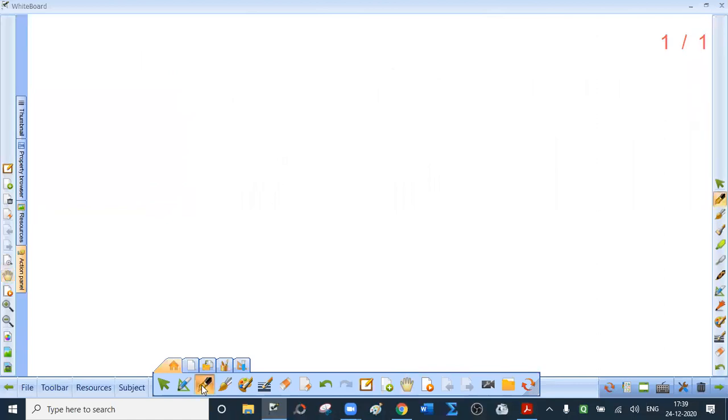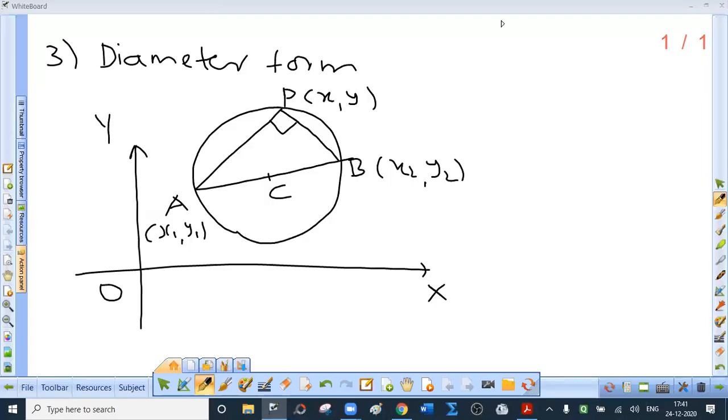The third form is diameter form. So as the name suggests, we are given extremities of the diameter, right?